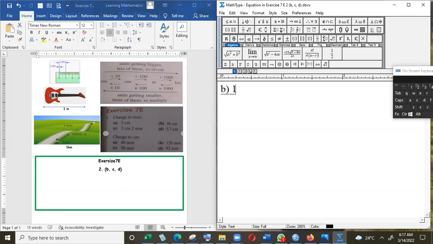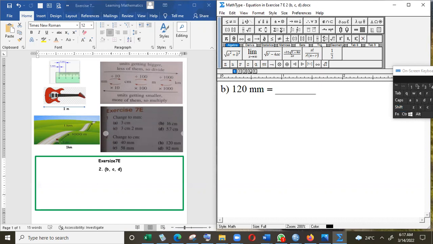We have 120 millimeters equal. Now from millimeter to centimeter, what do we do? We have 120 millimeters. What do we do?